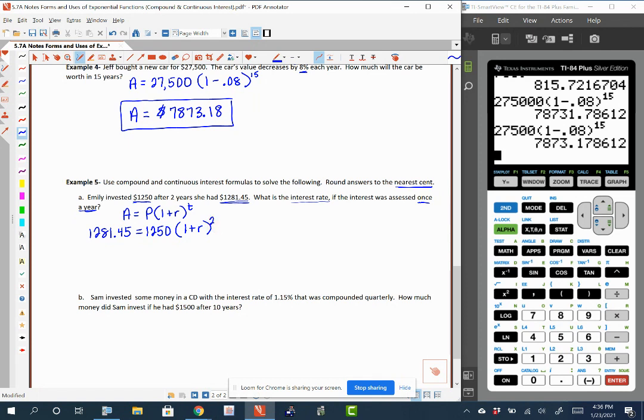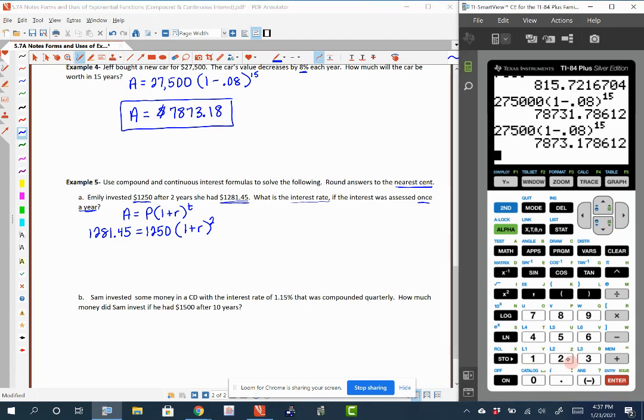So now I have to work backwards a little bit. This is one of the reasons that these problems are in secondary two, because we know how to take care of a problem like this. I know that I have to take a square root to get rid of this squared, but I can't take a square root of this expression because right now I have this 1,250. So let's divide by 1,250 on this side with the 1281.45.